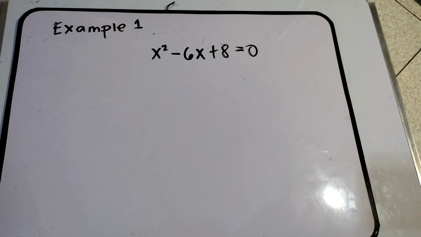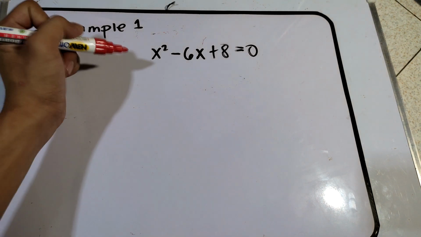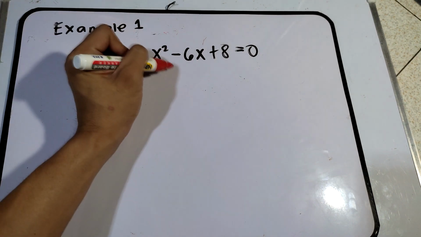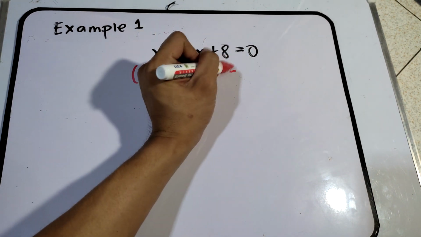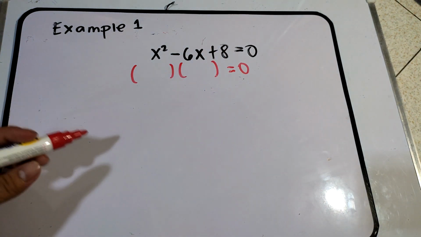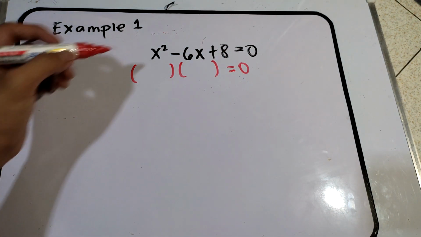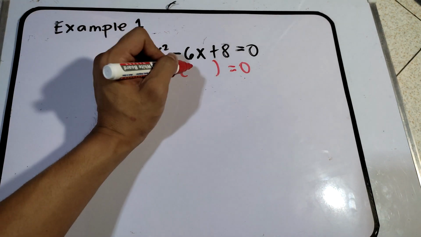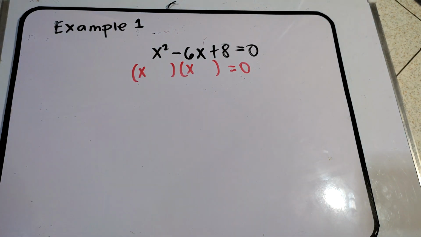So we will follow the next step, which is factor the quadratic expression. So here, we'll have 2 parentheses is equal to 0. So next is to write x multiplied by x on the first term of the binomial.